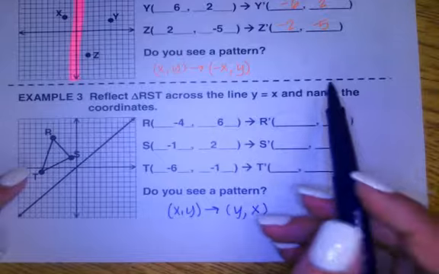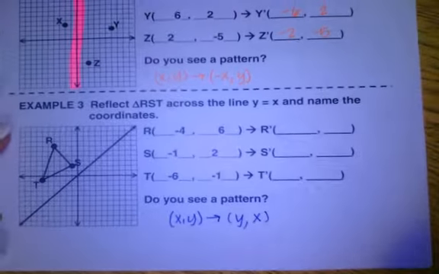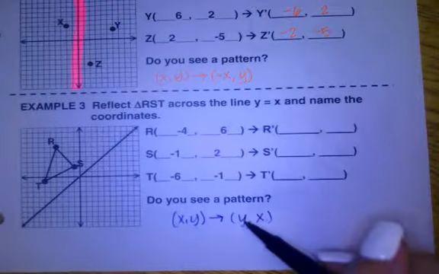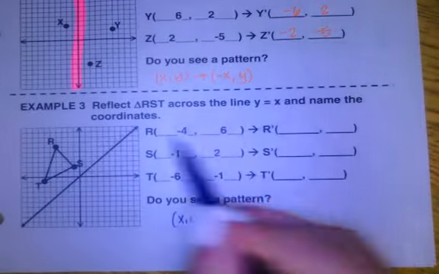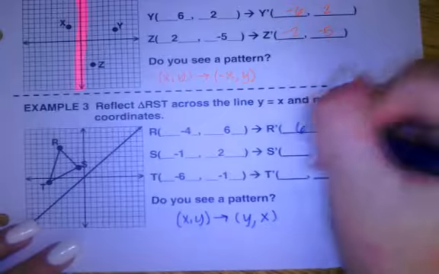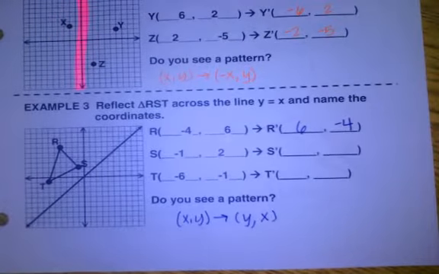So what would be r prime, Blake? If all you have to do is switch your coordinates, what would be r prime? Very good. 6, -4. What would be s prime? 2, -1.